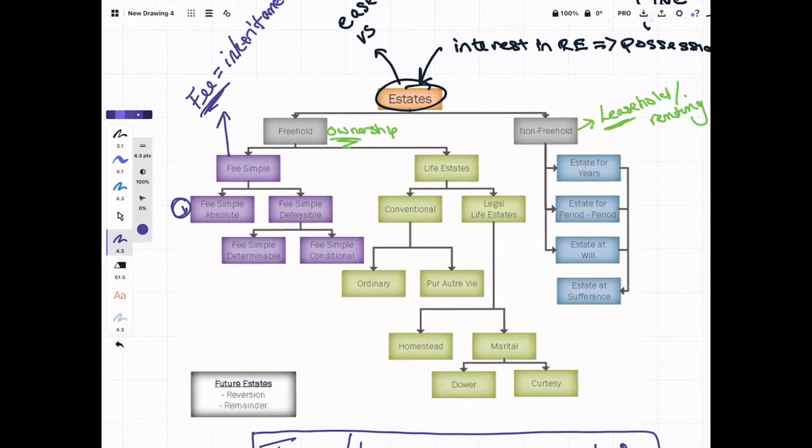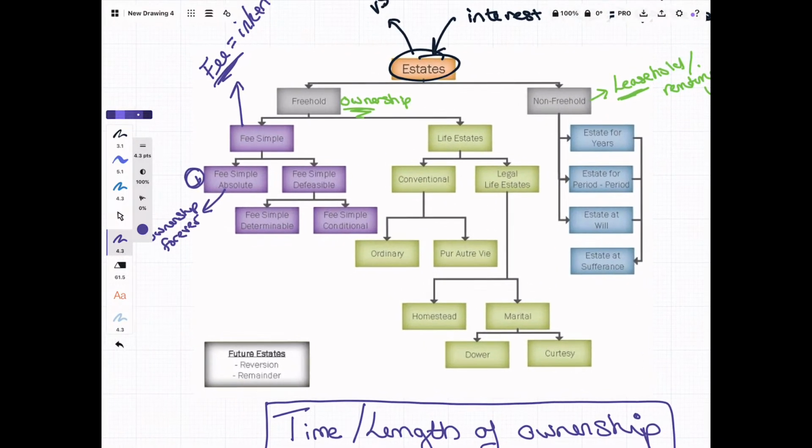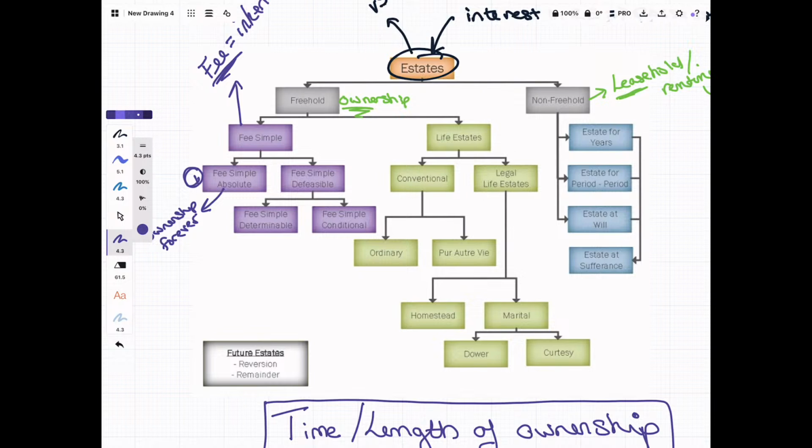Number 1, fee simple absolute. Anytime you see a fee simple absolute, it means the ownership is forever. What do I mean by your ownership is forever? I mean, you got this piece of land, it's yours, and you're going to own it until you decide to not own it anymore, until you do something where you lose it.